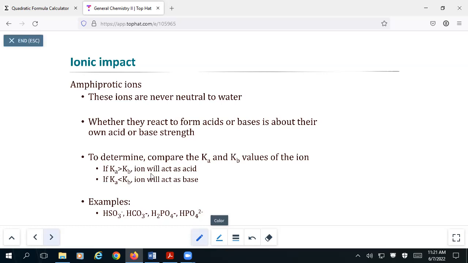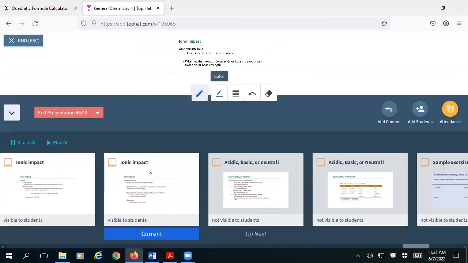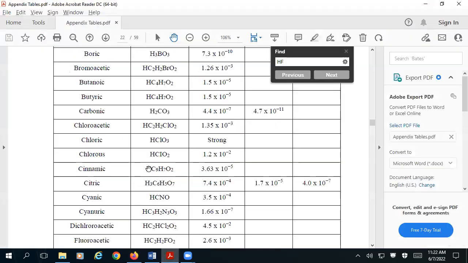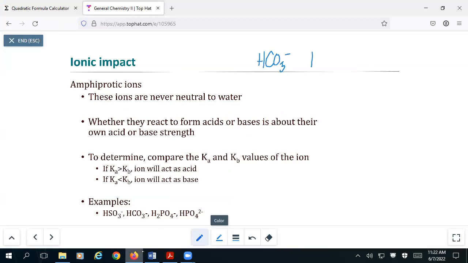So the example that we give for this one is the hydrogen carbonate ion, whose Ka value is 4.7 times 10 to the negative 11th. Which says a lot about the acidity of the bicarbonate ion.